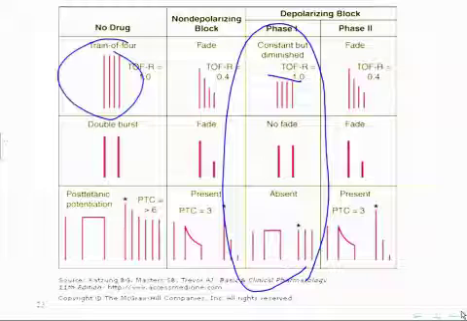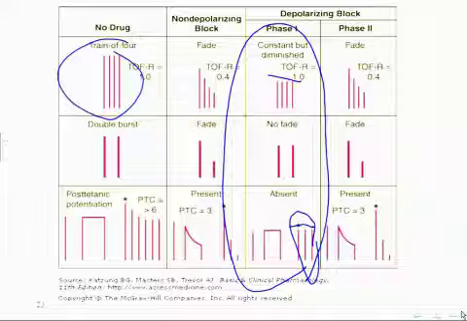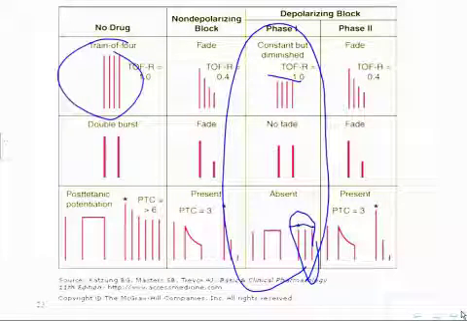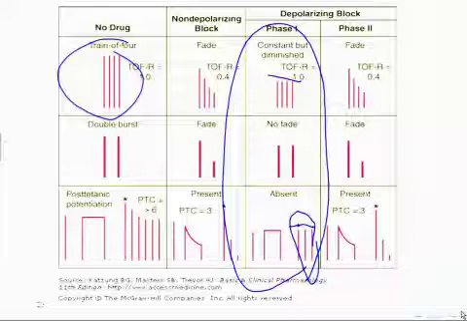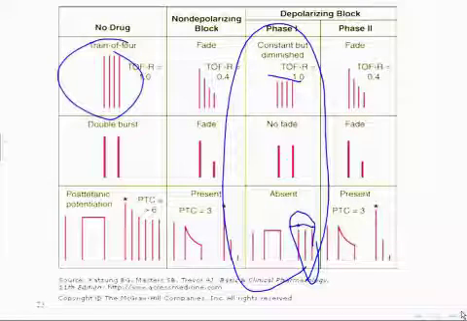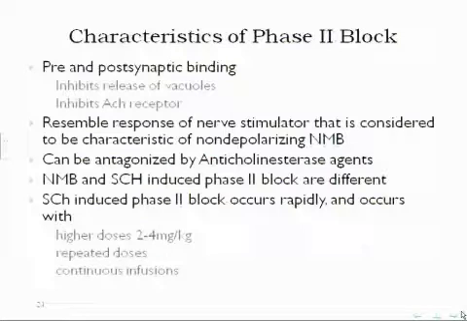If you see the post-tetanic stimulation, there's no increase in your actual twitch height after you give a tetanus dose of electrical activity. So again, these agents basically bind to the postsynaptic receptor only, and they do not allow proper muscle activity.